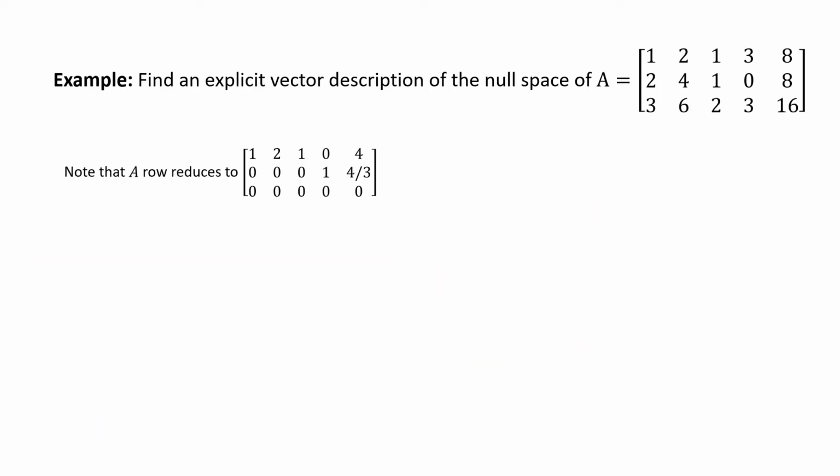But now here's an example. We're going to find an explicit vector description of the null space of A. So in other words, what does the null space look like? Well, we've done a little bit of this before. If you want to find the null space, you find everything multiplied by that vector that turns into 0.